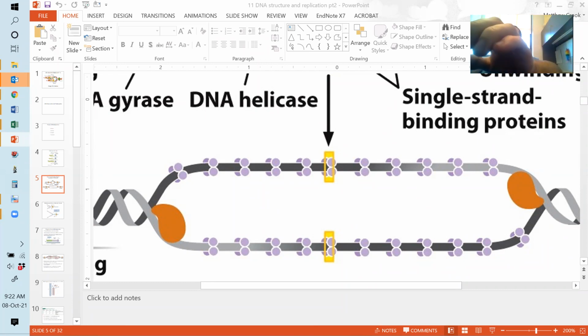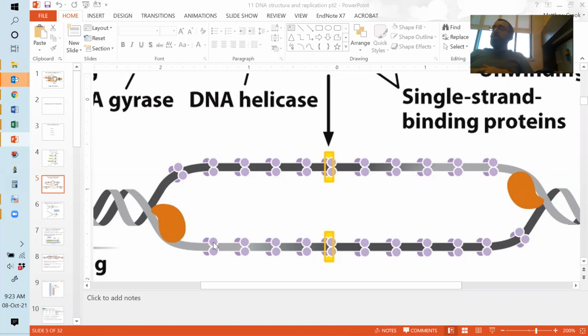RNA polymerase quite happily adds RNA nucleotides to a complementary DNA strand, which basically equals a DNA-RNA hybrid.